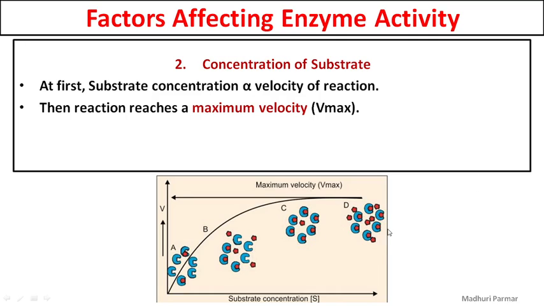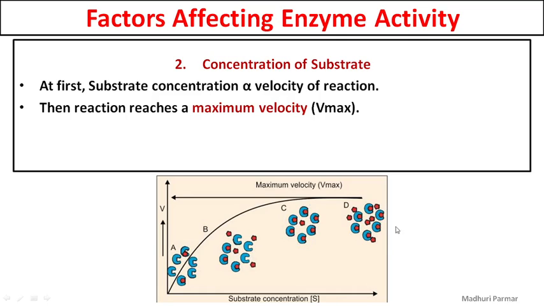Same way here, the enzymes can only do reactions at their own rate. So now the substrate level is higher, but the enzymes are still working at their maximum capacity. So this graph will become a straight line. Even if you keep on adding the substrate, your enzymes are not free.